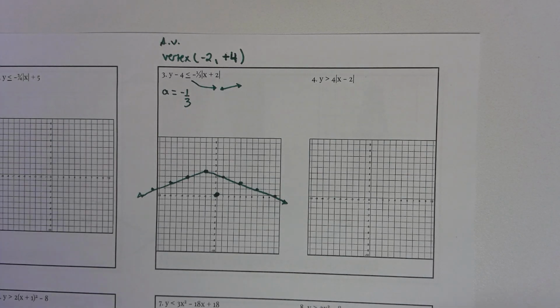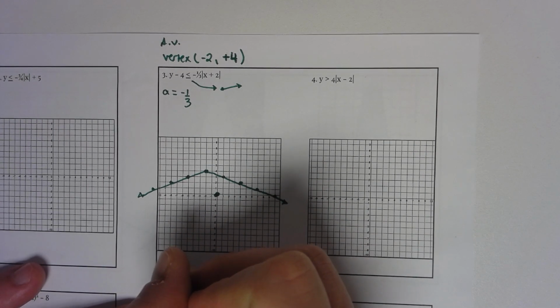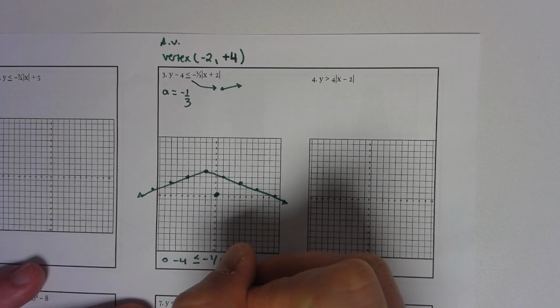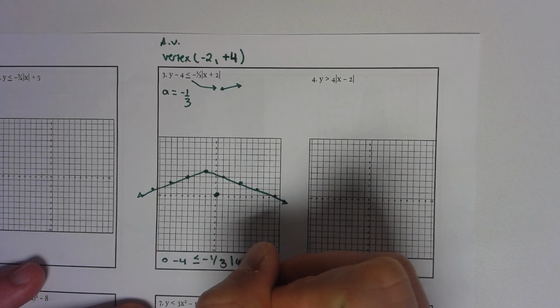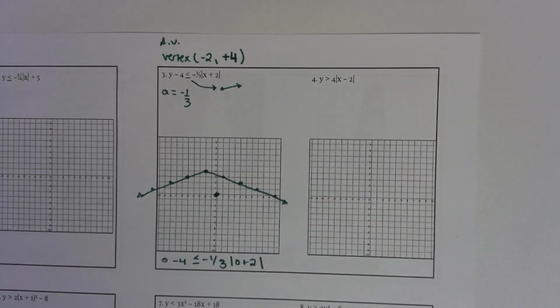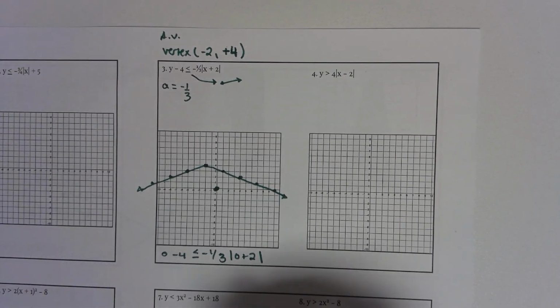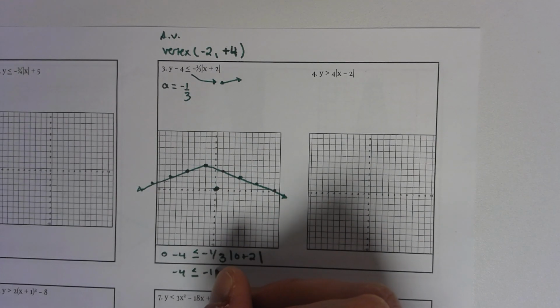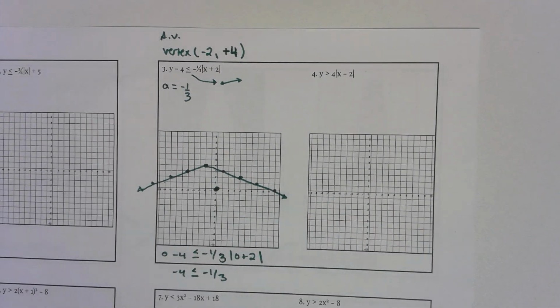Once again, we're going to test 0, 0. So 0 minus 4, is it less than or equal to negative 1/3 times the absolute value of 0 plus 2? 0 minus 4 is negative 4. Then I have negative 1/3. 0 plus 2 is 2.